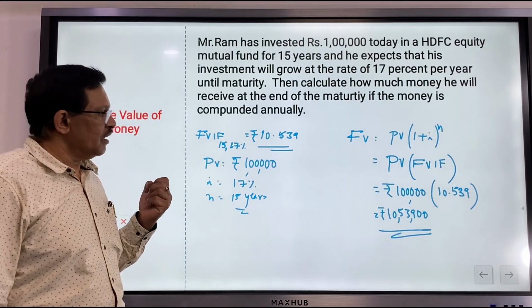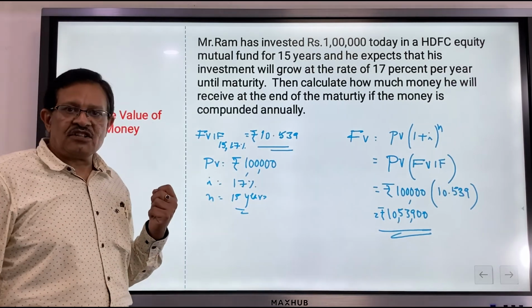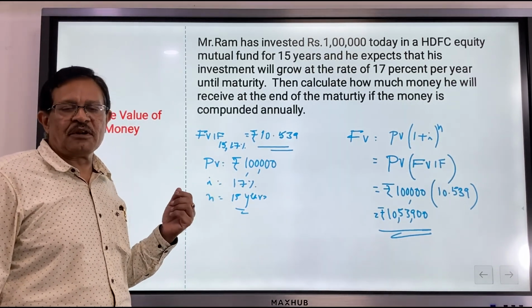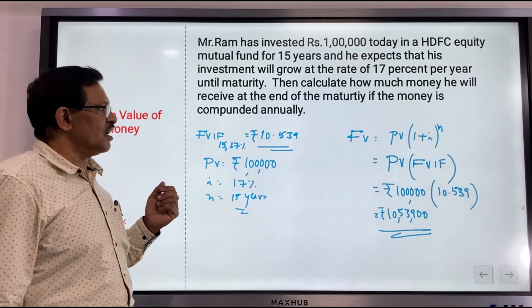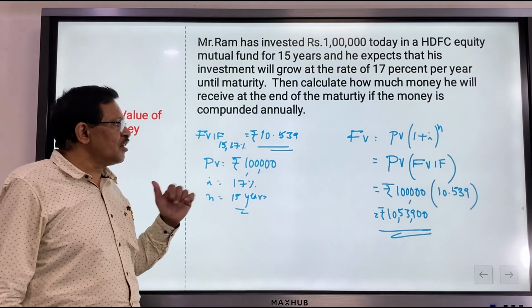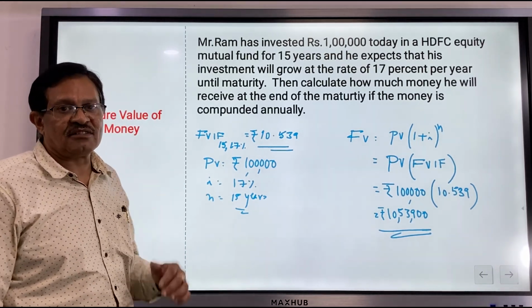I think it is interesting for you all. Once you do more problems of this nature, you will understand much more about this time value of money, or what we call the mathematics of finance. Thank you.